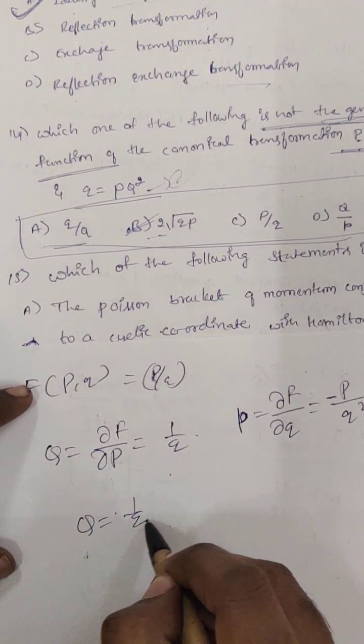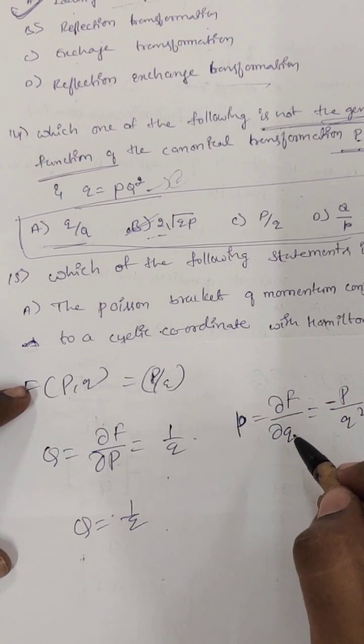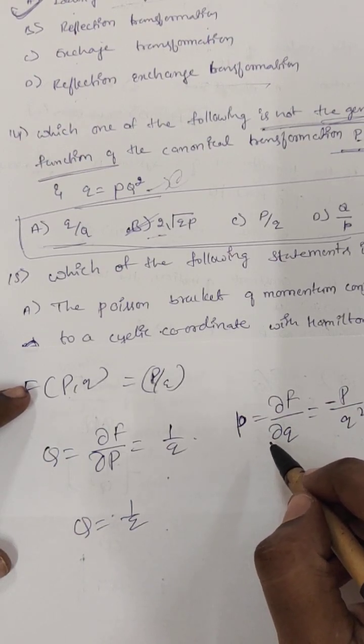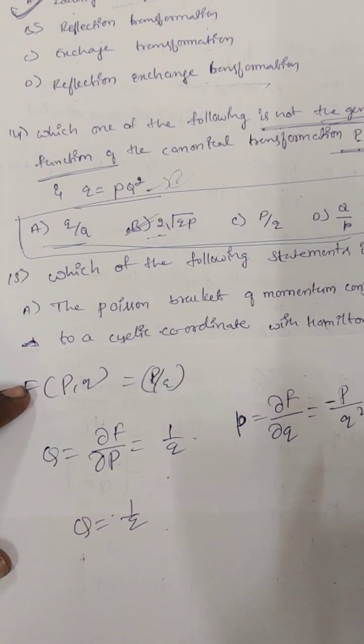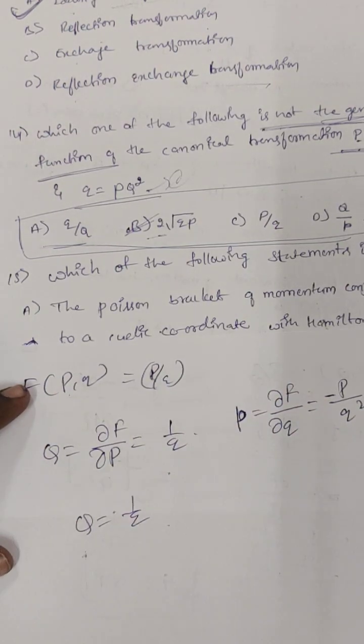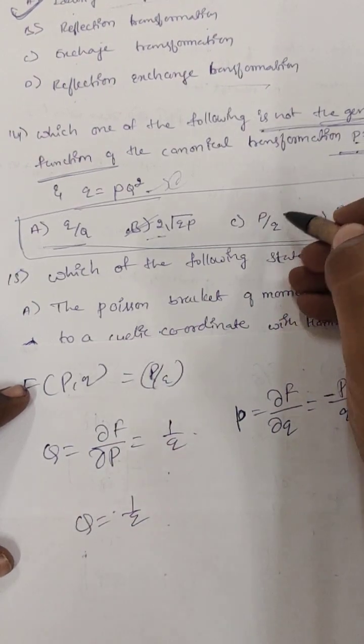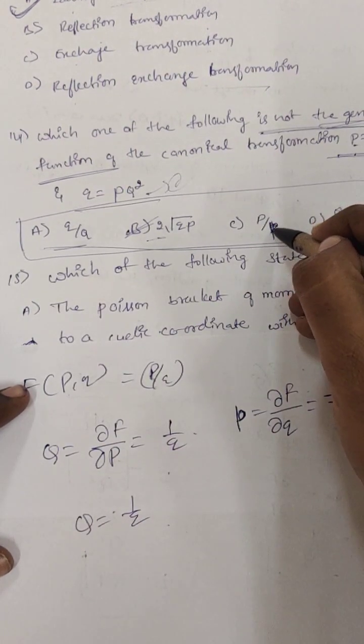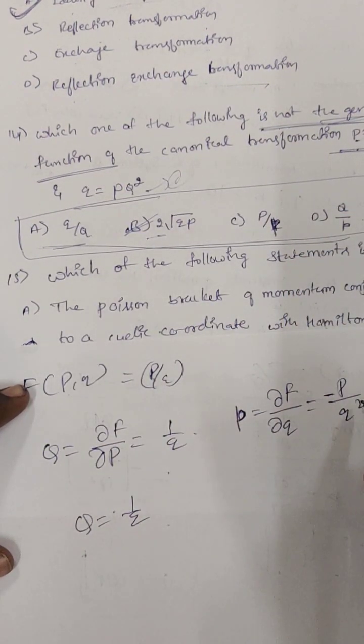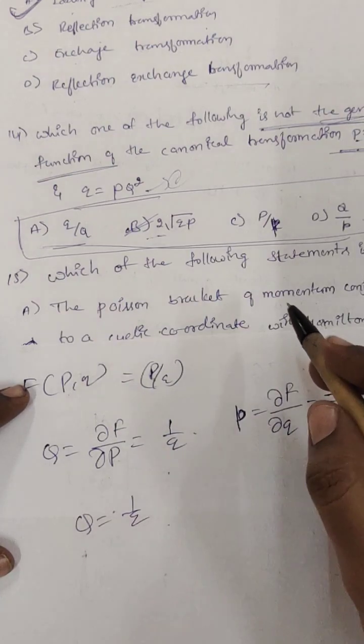q is equal to 1 by q we got, and we know that small p is nothing but, so actually this is p by small p, so this is small p.